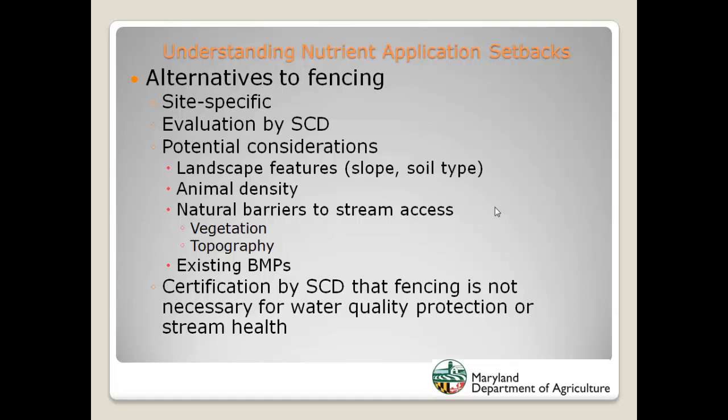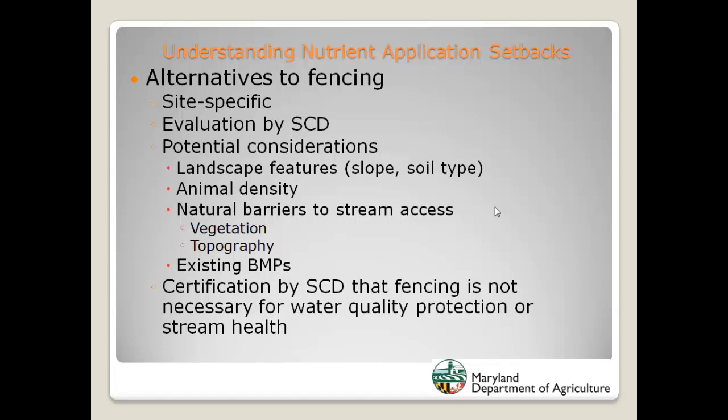So obviously, I think that this will be site by site, and we're going to be relying on the technical expertise that's long been provided through the Soil Conservation Districts to provide that type of evaluation. In many cases, there may not be an alternative, and the fencing is going to be necessary to exclude the animal from that 10-foot zone.